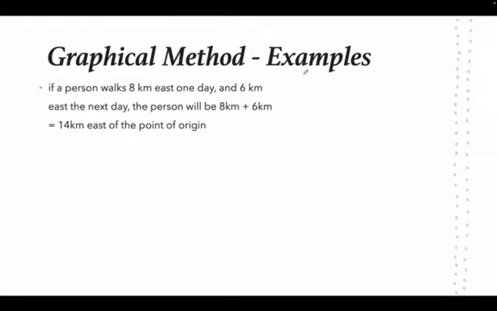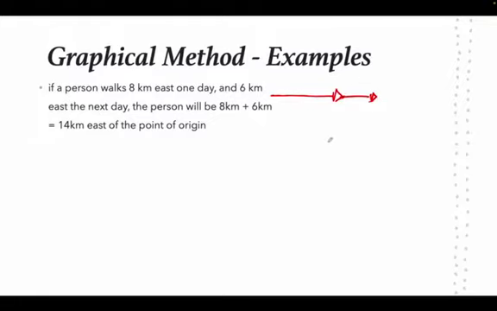For example, if a person walks 8 kilometers to the east one day and 6 kilometers to the east the next day, then I would draw something like this. I would draw a vector of 8 kilometers according to a scale that I mentioned. This will be 8 kilometers. And then from the end of the first vector, right here, I will draw the second vector, which is 6 kilometers. That would be that.